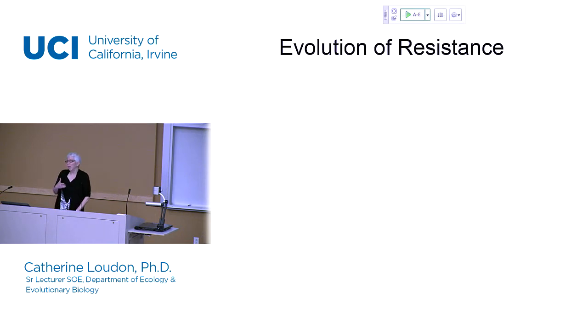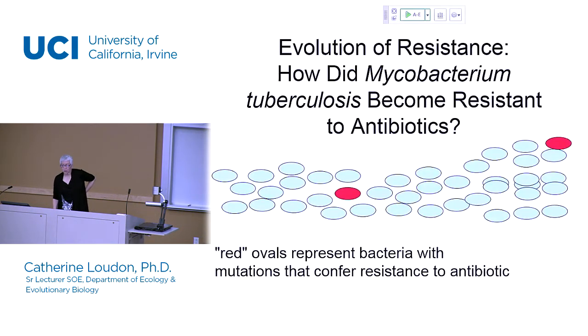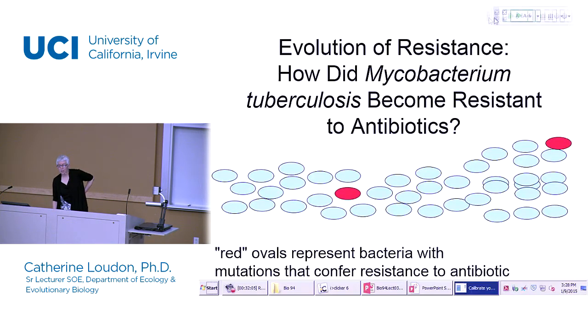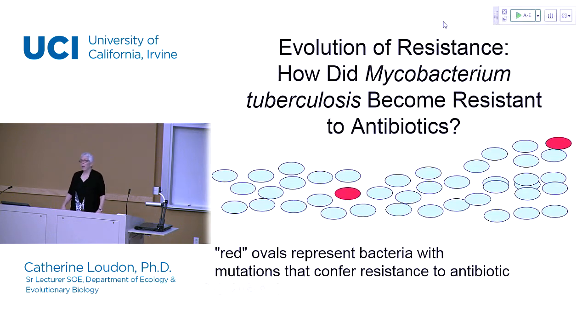So this is a huge issue, and there's a very nice discussion in your book about a particularly interesting case of the evolution of resistance of tuberculosis bacteria to antibiotics. So I'll just say a couple of things here.